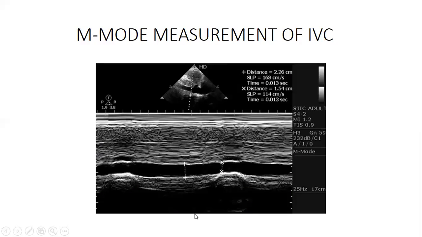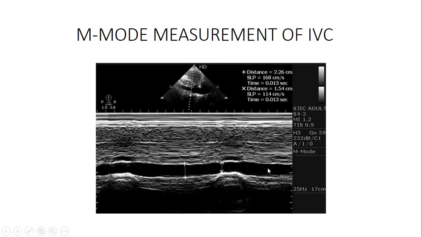I talked about applying the M mode when quantifying the IVC. This is in expiration, and this is in inspiration. The diameter from here to there is not the same as from here to there. This is more reduced, and this is higher.